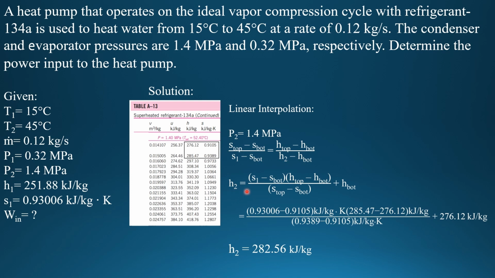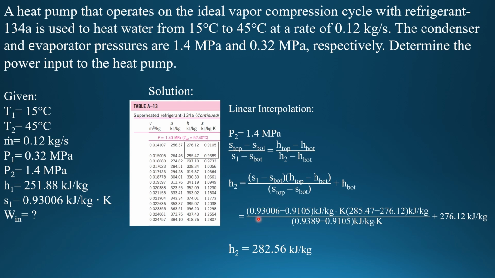To have our final equation, we rearrange it to have our value of the specific enthalpy at state 2. So we have this equation: h2 equals s1 minus s bottom times h top minus h bottom divided by s top minus s bottom, plus h bottom. So we will be plugging in the values.